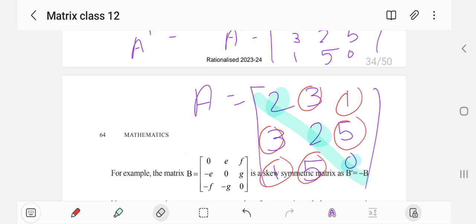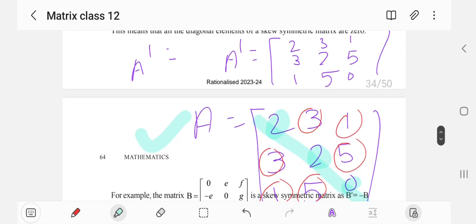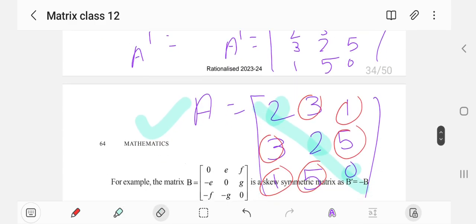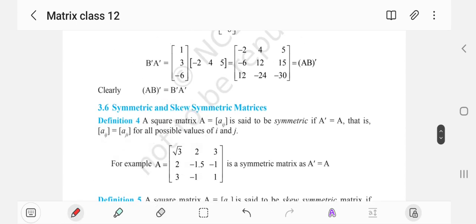What three cases? This one is this case, another one is the 0 matrix case, the third one is this case. The thing that we can conclude, which is very important, is that the only requirement for a symmetric matrix is that these opposite elements should be the same, regardless of what is on the diagonal.